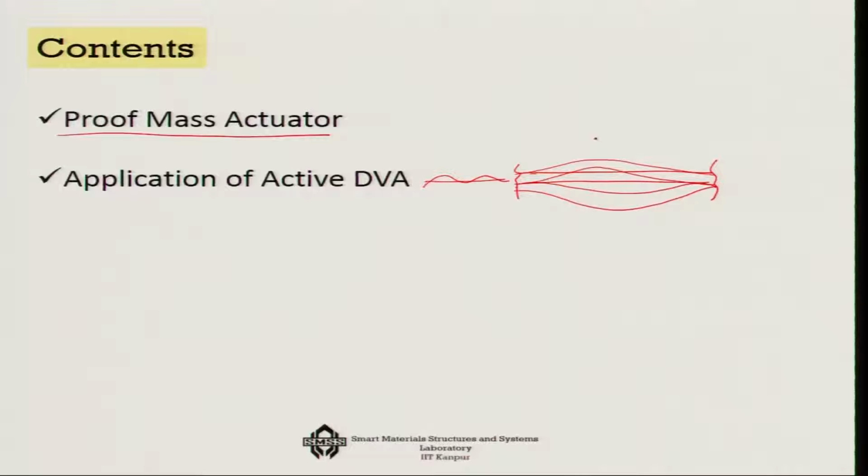In order to resist these kinds of vibrations of the hull, what is generally done is that a magnetic proof mass system, which I will show you the details of in a minute, is attached to this system. It may be with or without a damper, but this is what is known as a proof mass actuator, and its role is to apply once again a harmonic wave back to this system.